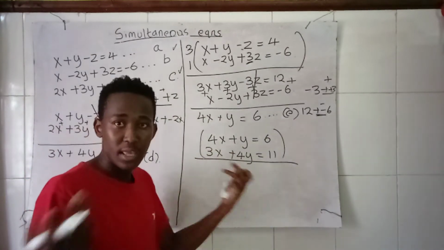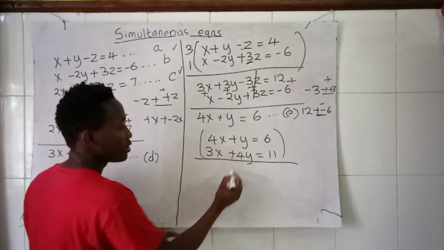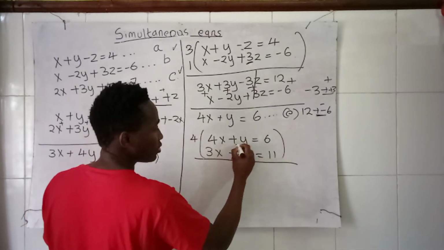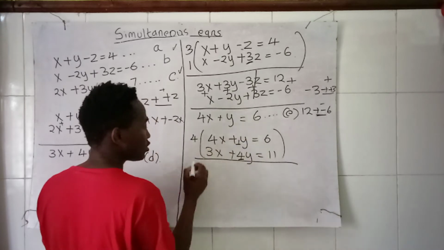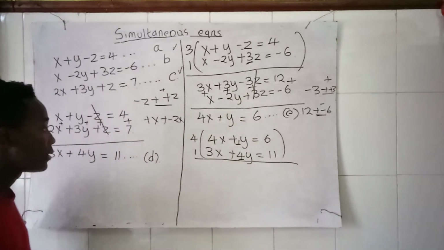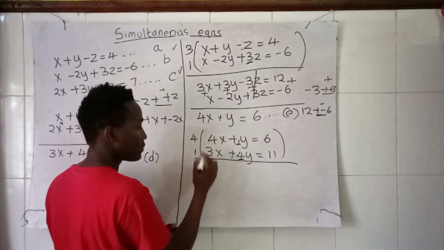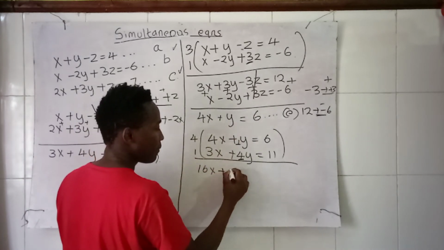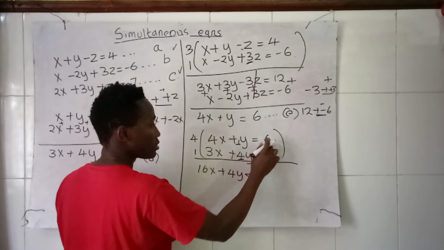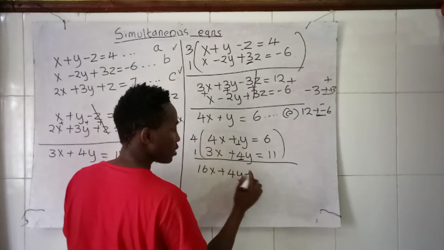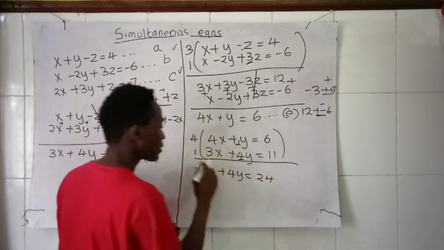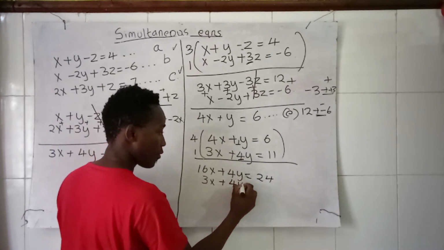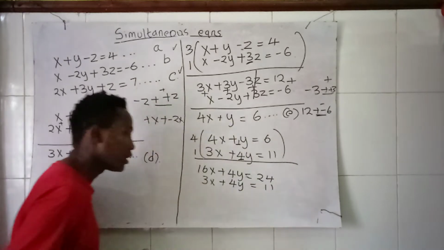I can choose either of them to multiply with. So here 4 hapa multiply to the first equation. Here it's like I have a 1, so multiply by 1. Open the brackets. 4 times 4, 16x, 4 times 1 plus 4y, 6 times 4, 24, then 3x plus 4y is equals to 11.